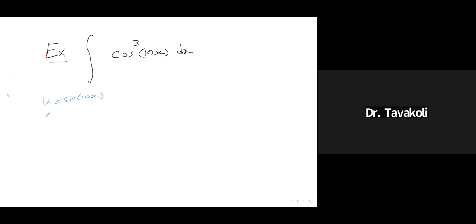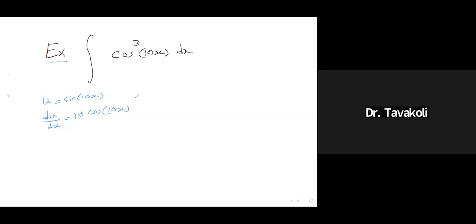The derivative of u with respect to x is what? We have seen this kind of derivatives using the chain rule before. The derivative of sine is cosine, and the derivative of 10x is 10. So this is going to be 10 cosine of 10x using the chain rule.